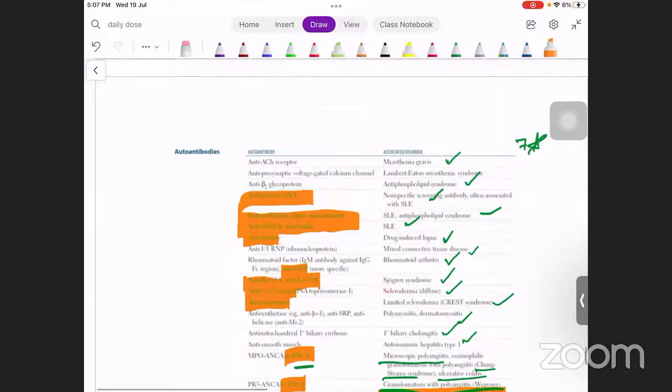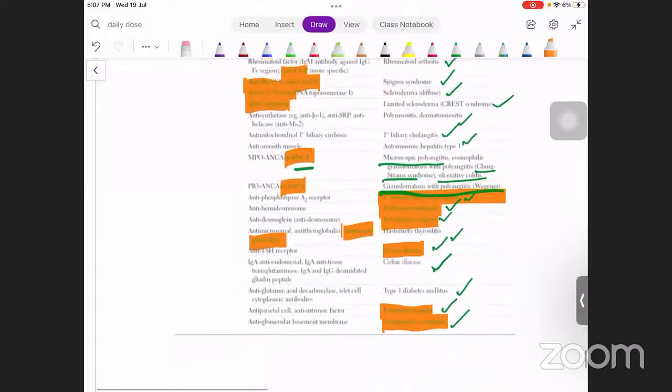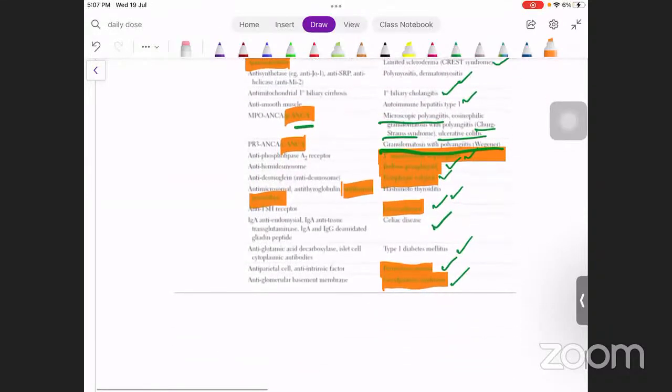Also anti-ACh. At least remember these things so that you can answer most of the questions.